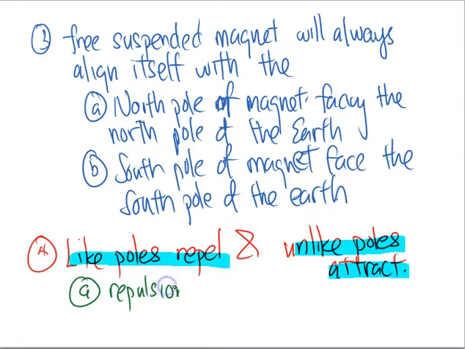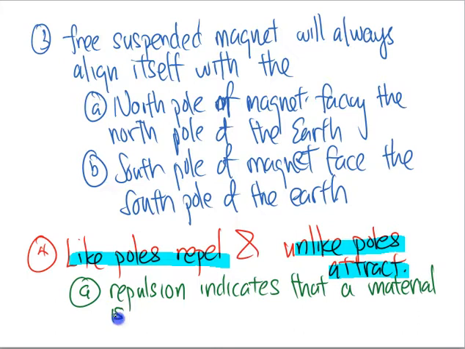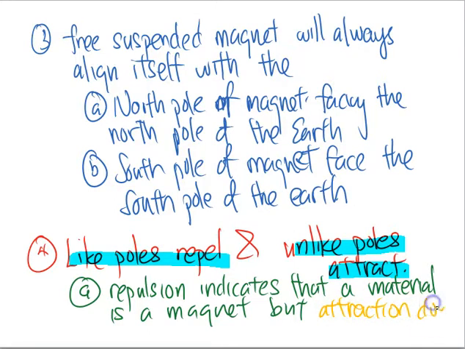Repulsion indicates that a material is a magnet, but attraction does not do so.